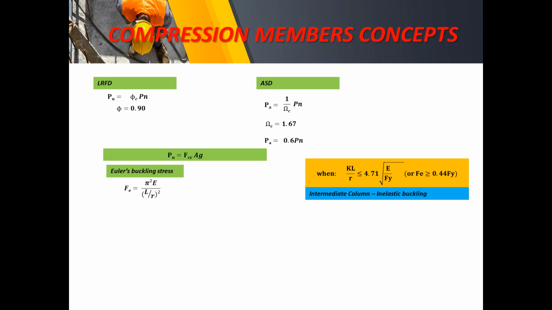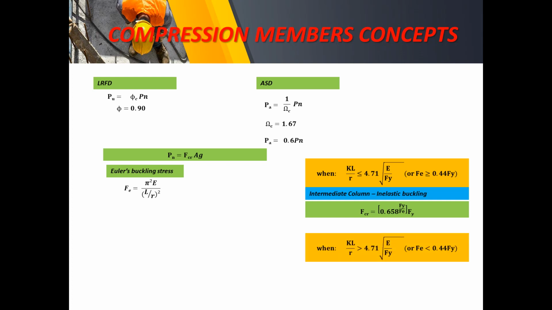In the case where the slenderness ratio is less than Cc or 4.71 square root of E over Fy, it can be classified as an intermediate column, so the mode of failure will be inelastic buckling. In this case, we are going to use Fcr equal to 0.658 raised to Fy over Fe, times the yield strength Fy.